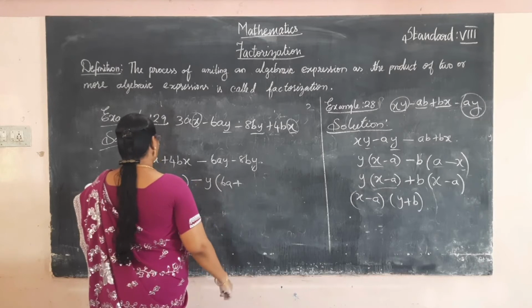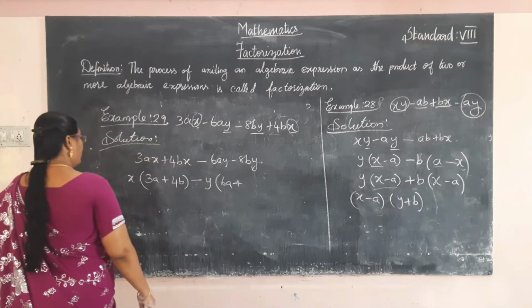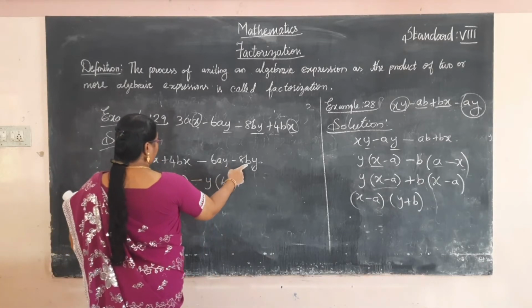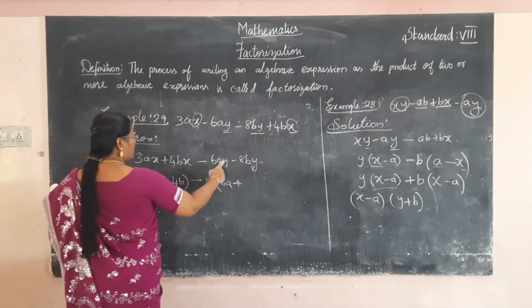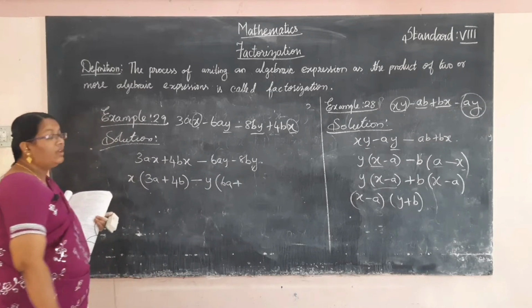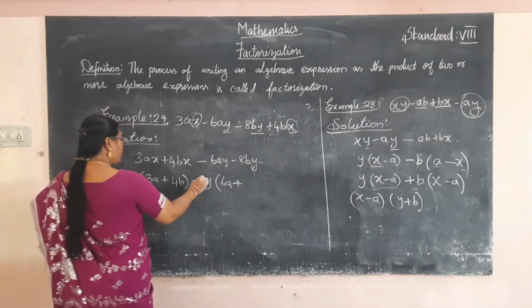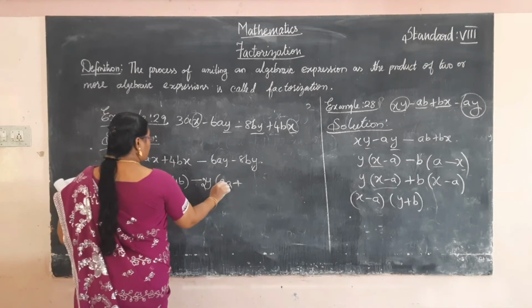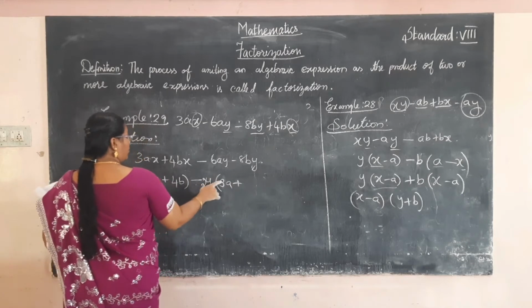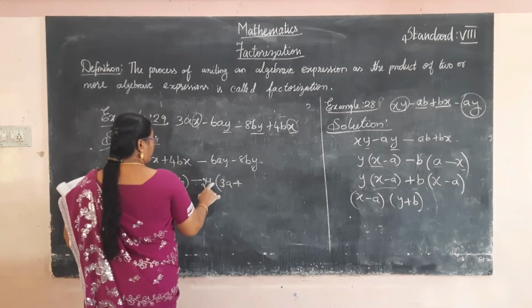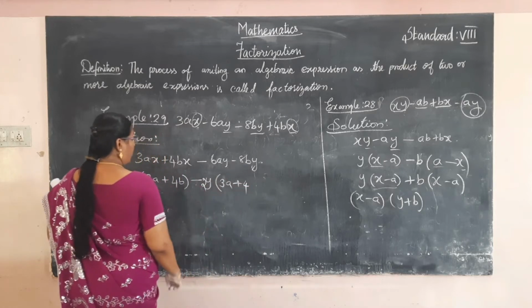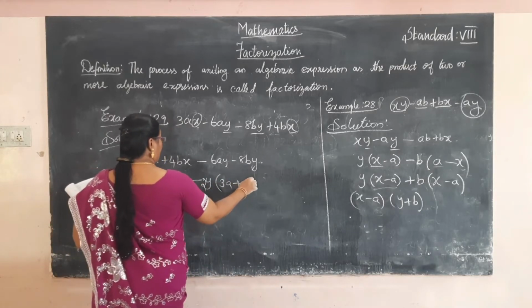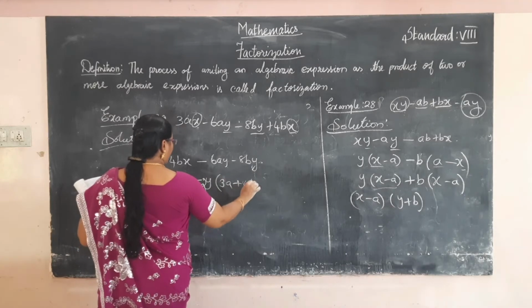We have to take 2 from the numerical factors, because 6 and 8 have a common factor 2. So we take 2 outside also. What remains? 3. 2 × 3 is 6y into a, plus again multiply by 4, and y taken outside, remaining value b.